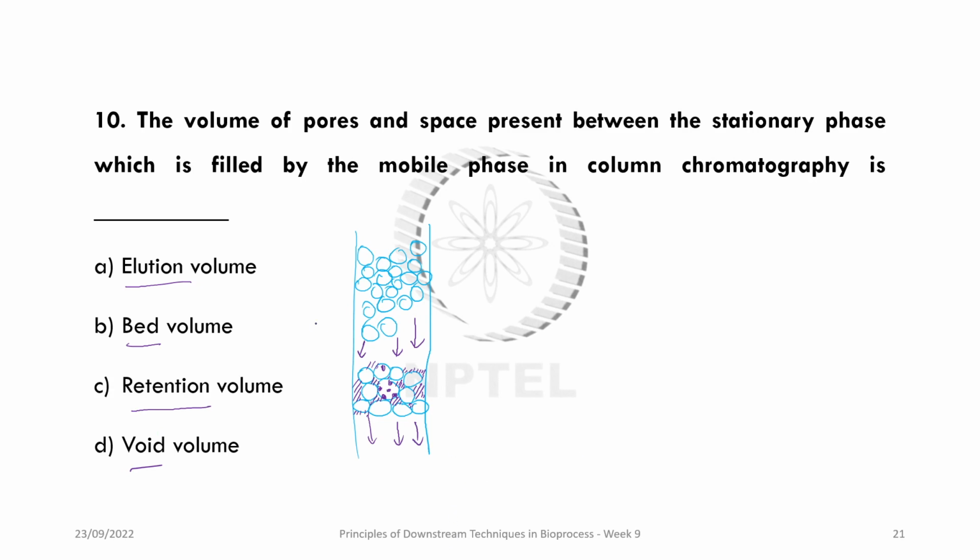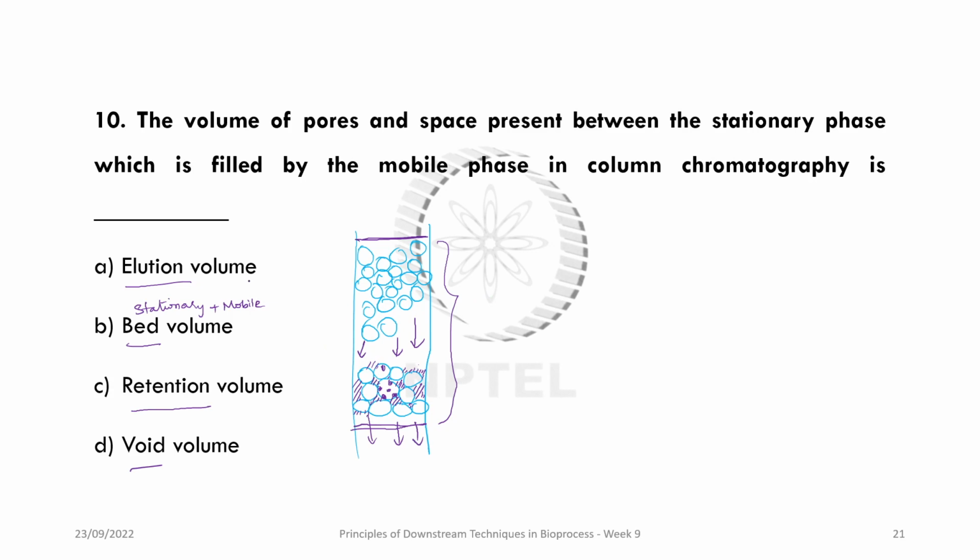Think about each. Bed volume is the entire volume, including stationary plus mobile phase. So if this entire column were packed from this end to this end, the volume of this particular cylinder will be the bed volume, including the pores, including the space, whatever is there.